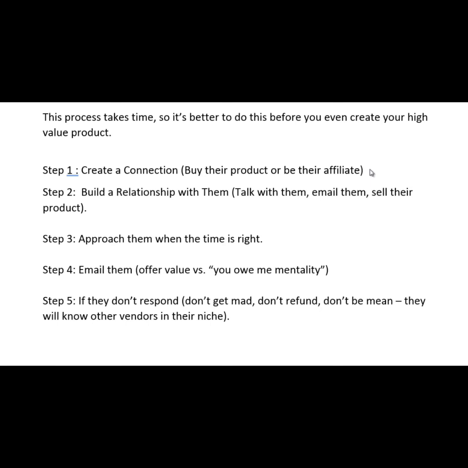So in this case, if we're going to do something on weight loss, specifically related to foods, then what we want to do is find all the vendors that are not directly related to weight loss foods, but maybe they offer things like weight loss exercises or things that are not directly in competition, so they would more likely say yes. So you can buy their product, or you can be their affiliate and promote their product, which we'll talk more about in the next video.